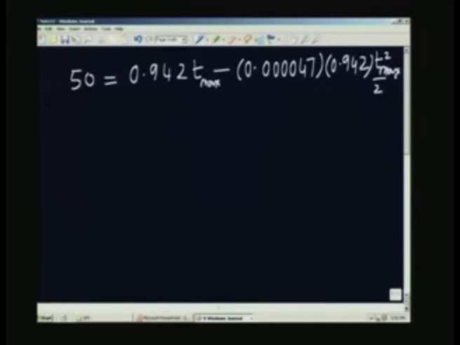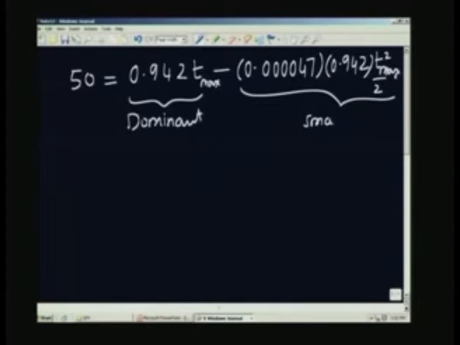And you see that this equation is peculiar. This is the dominant term and this is the small term. So what I can do is rewrite in the form t max equal to 50 divided by 0.942.